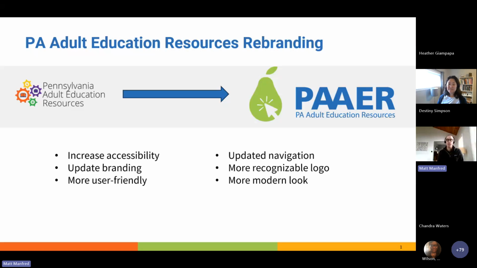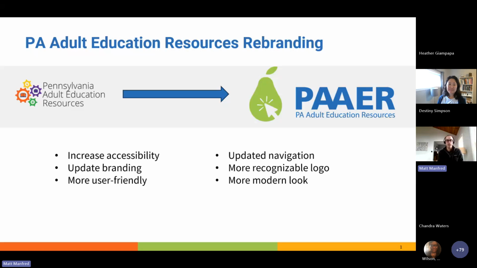So we did a top to bottom overhaul, which we're still working on in some corners of the website. And so you see the new logo. We're still PA Adult Ed Resources, but we rolled out the acronym PAIR, and then that sort of led us to the PAIR logo, which we're trying to put everywhere.